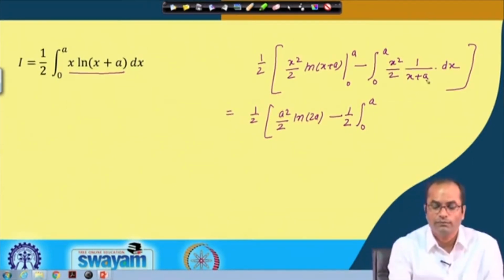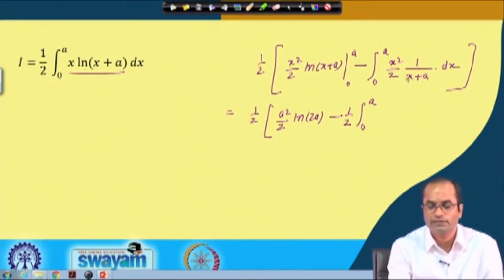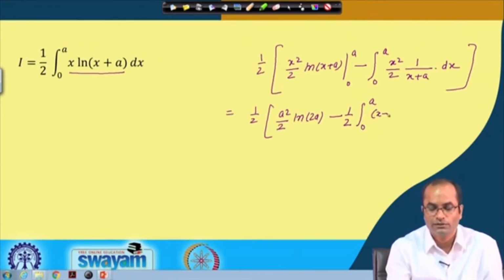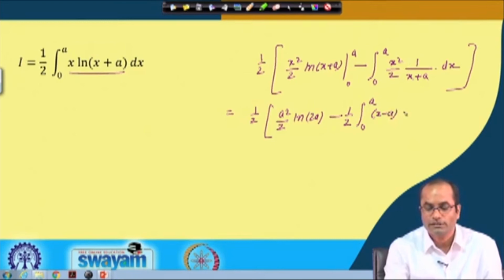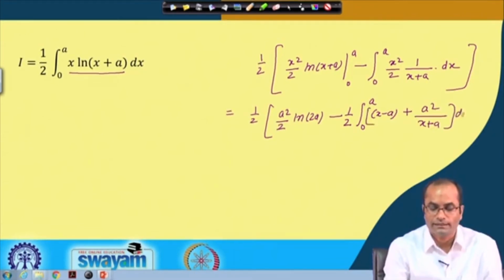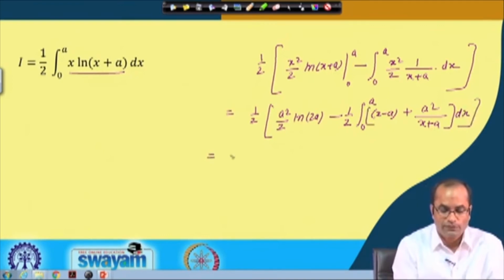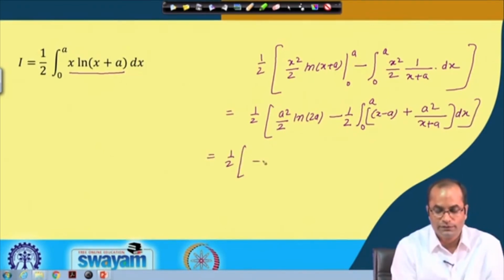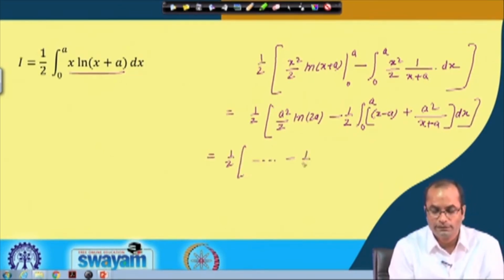So, this x squared minus a squared will become (x minus a)(x plus a). So, x plus a will get cancelled. So, you will get x minus a here, and then there was a term plus a squared over x plus a, and then dx.